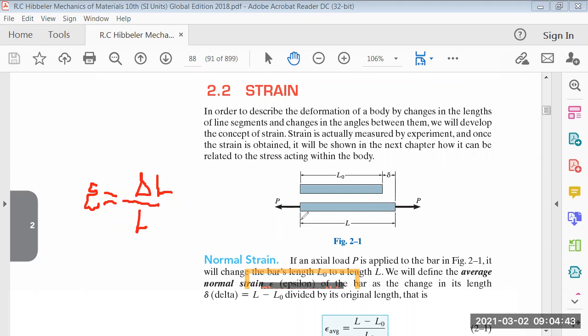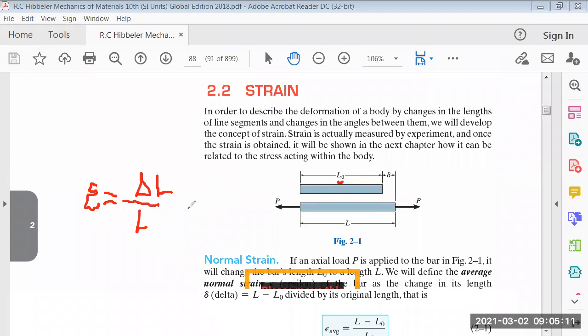If we have an element like this one, and we have a tensile force at both ends, the element is experiencing elongation. This is the original length of the element prior to applying the load, L sub naught.